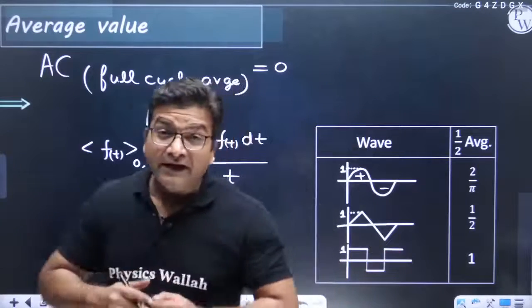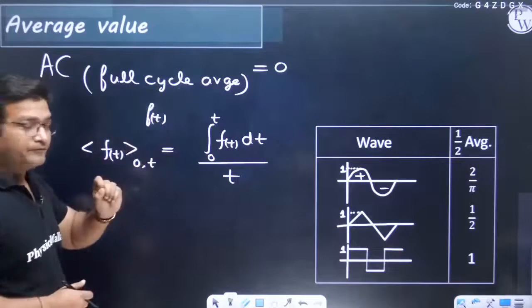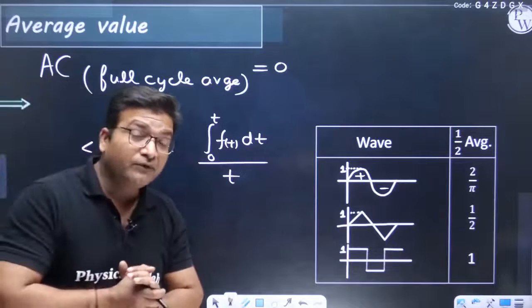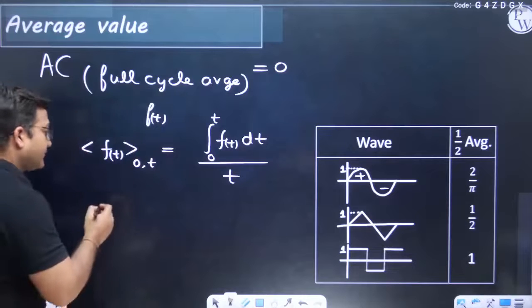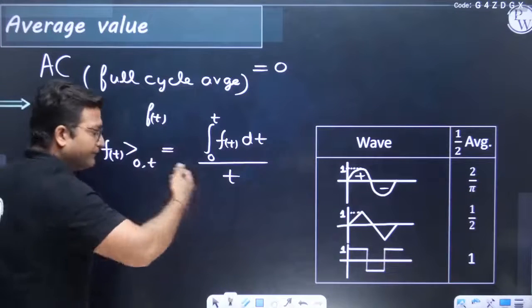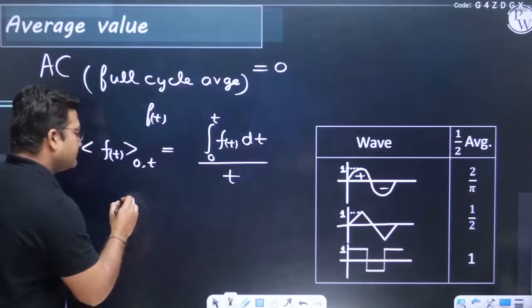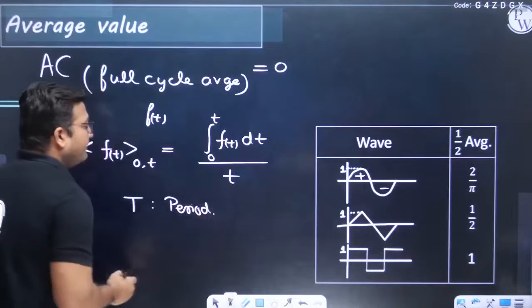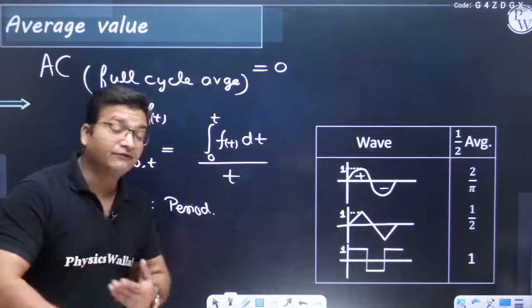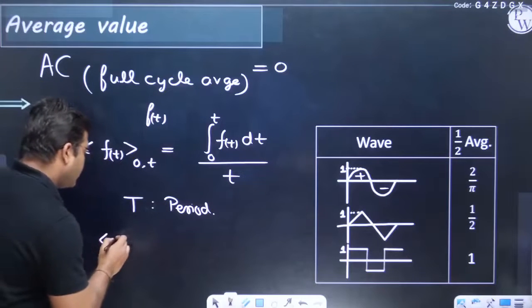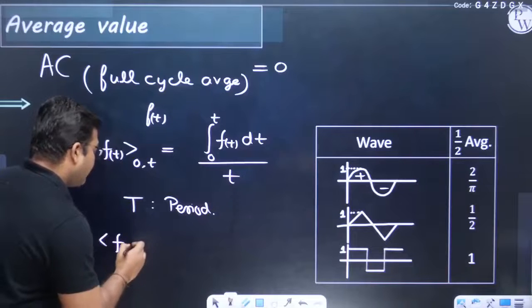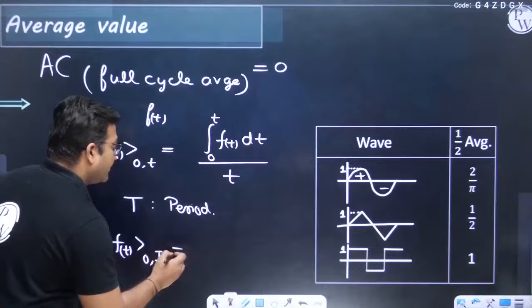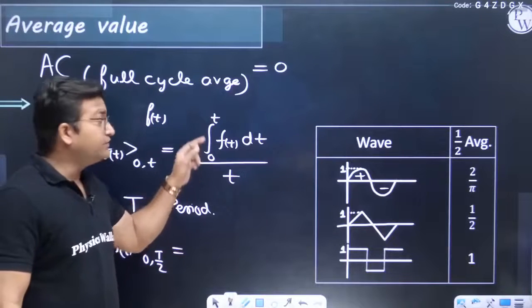So if you calculate the average value for a full cycle, it will definitely come out to be 0. But if you calculate the half cycle average, suppose the period of the wave is T, and you try to calculate the half cycle average, meaning the average from 0 to T by 2, you will have to integrate the function from 0 to T by 2.